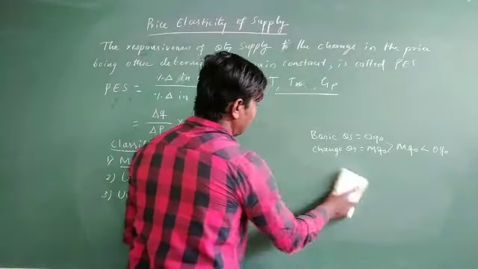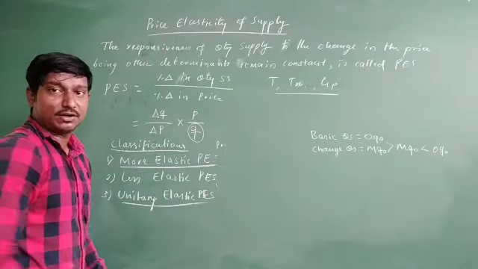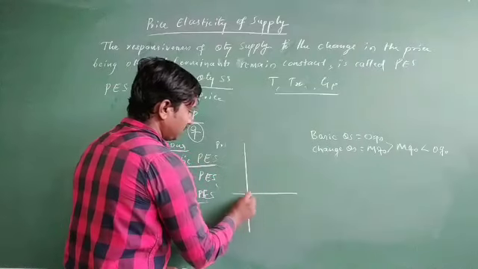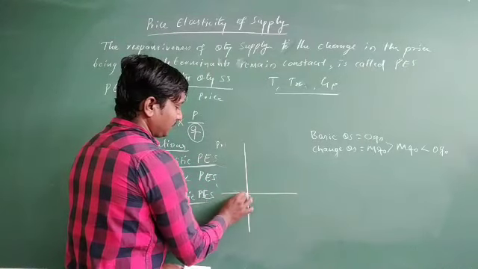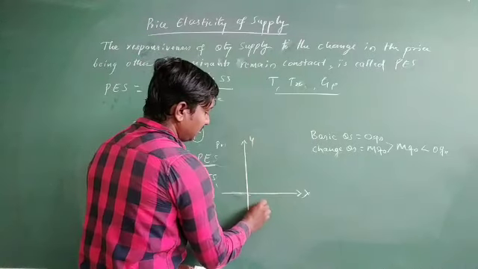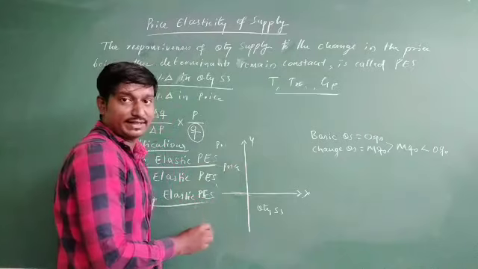Coming to the third one now, that is unitary elasticity of supply. In the unitary elasticity of supply, this is X and this is Y, quantity supplied here, and price on the Y axis.